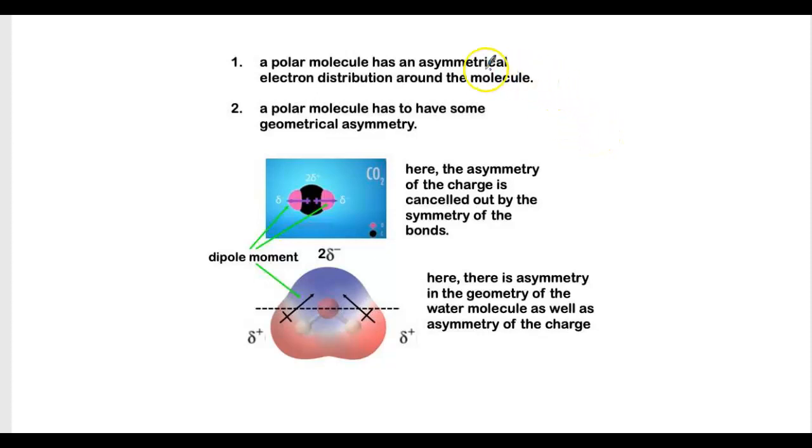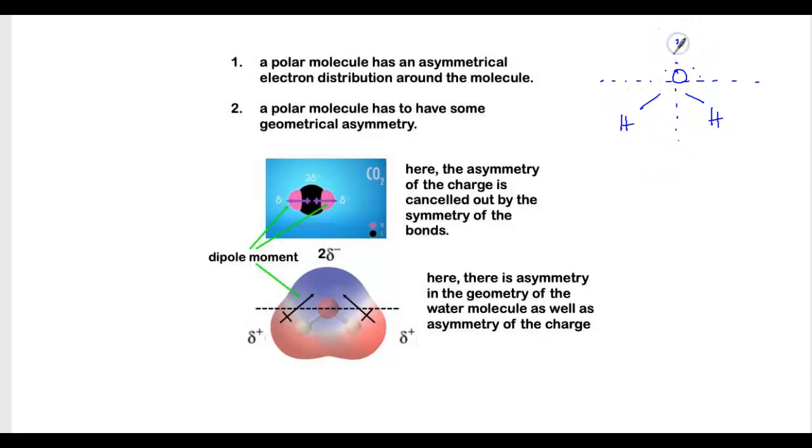Well, a polar molecule has to be asymmetrical in some way. Okay, so if we look at the water molecule, right, we can draw a line of asymmetry there. Okay, there's a line here where, in geometry when you do reflections, I don't even know if they do that anymore.